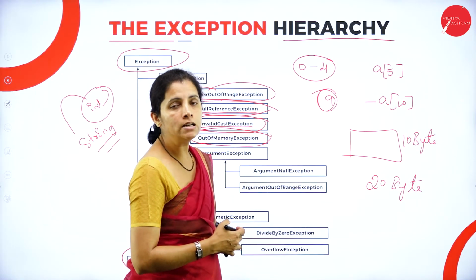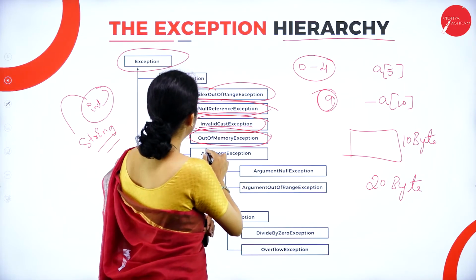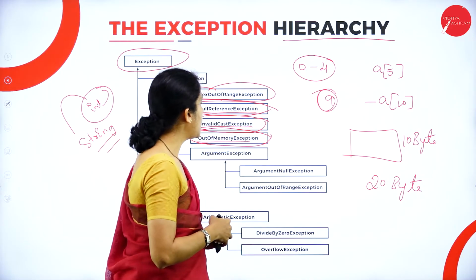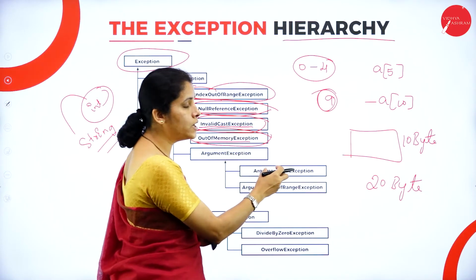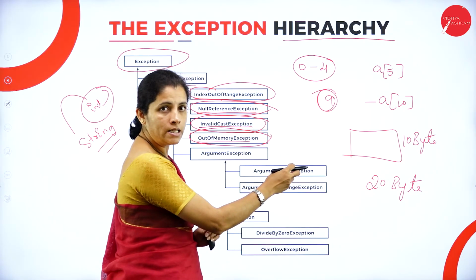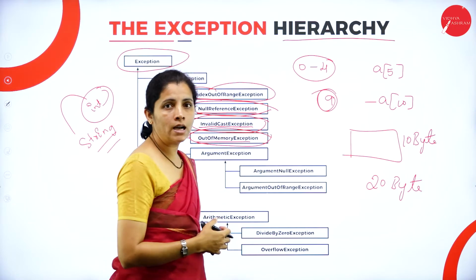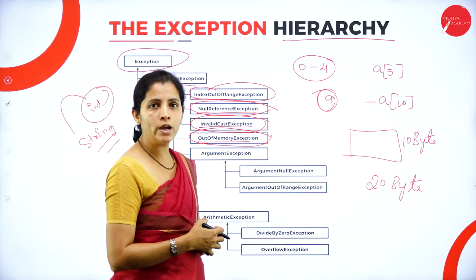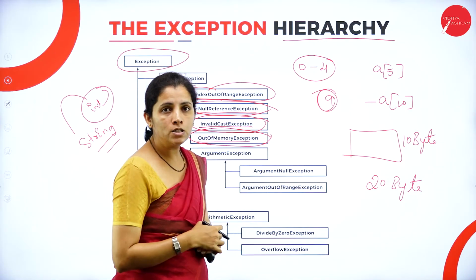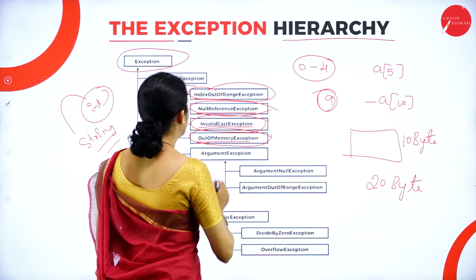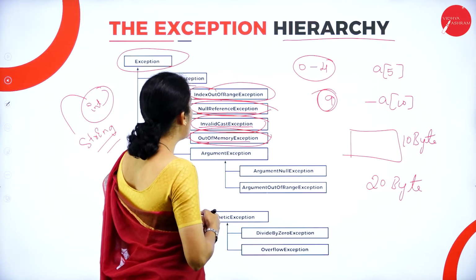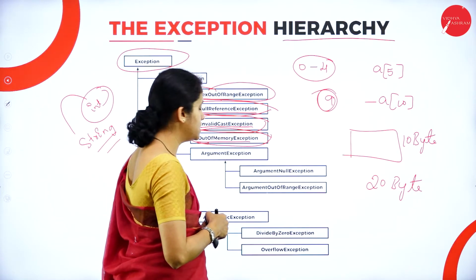The compiler is going to generate an error, that is out of memory exception. So whatever memory we are requesting is not present in our computer system. So what's going to happen? The compiler is going to throw an error. And what kind of error? That is out of memory exception.